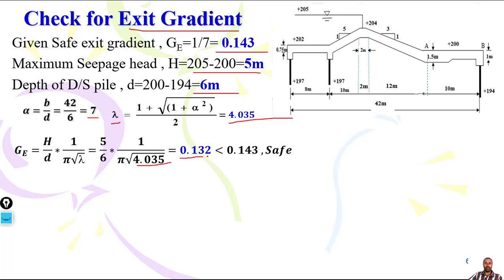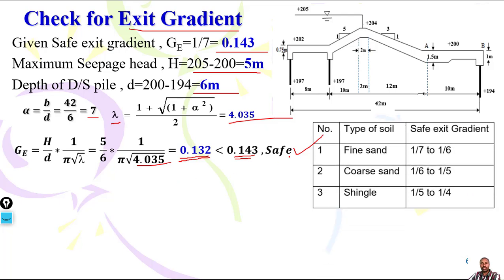So this is 0.132, less than the given safe exit gradient. So it is safe against exit gradient, and it is just fine sand. For fine sand, it is safe because it ranges from here up to here.